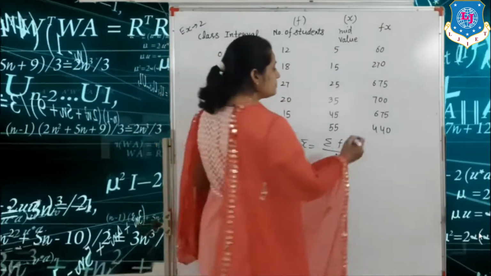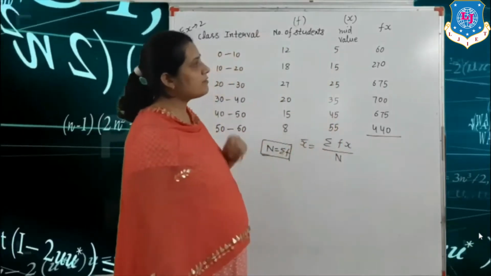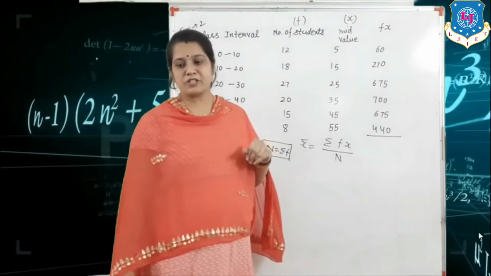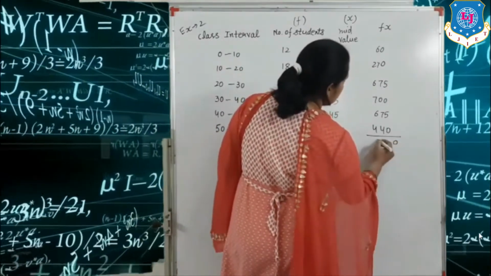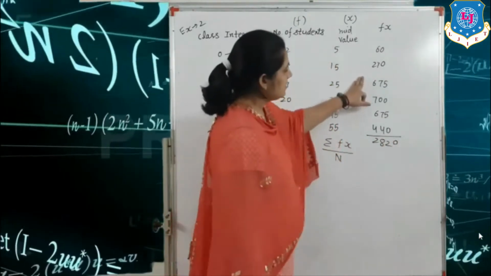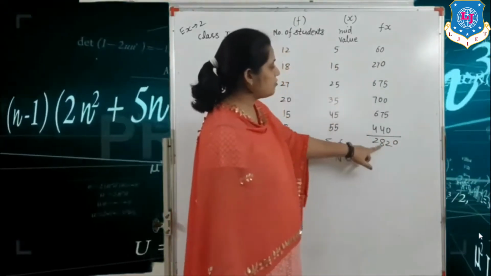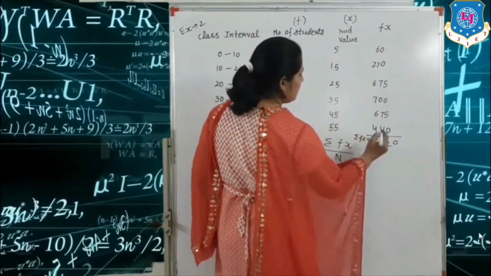After that, we write the summation. So summation fx, that means the sum of all these values, so we get 2820. This is your summation fx.